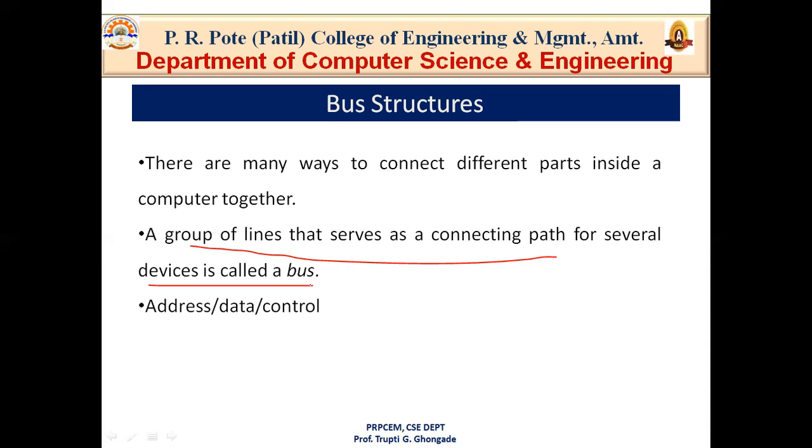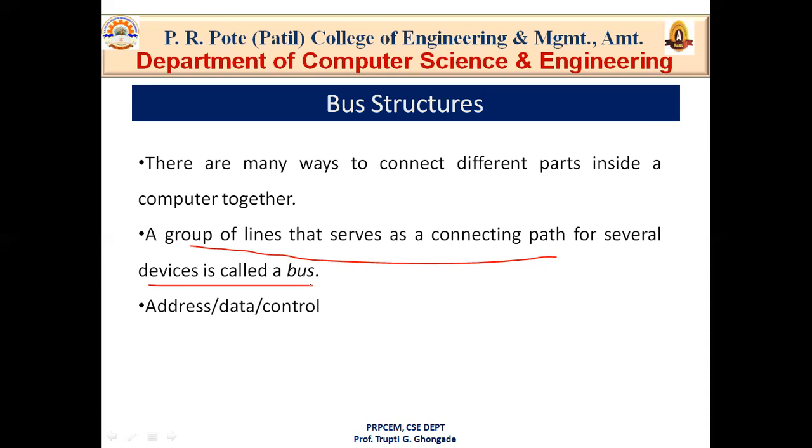Data bus is 8-bit, 16-bit, 32-bit, or more parallel lines, and it is bidirectional. Address bus is 16-bit, 20-bit, 24-bit, or more parallel lines, but it is unidirectional. And control bus generates control signals to regulate the activity on the bus.